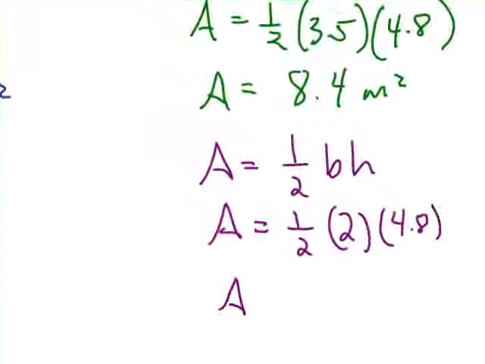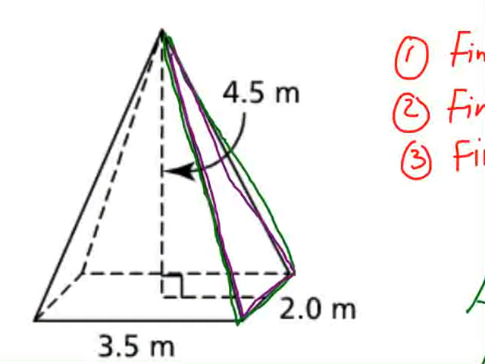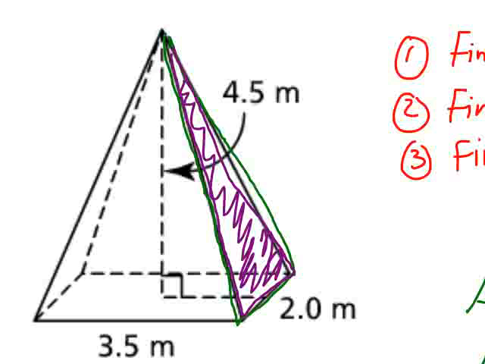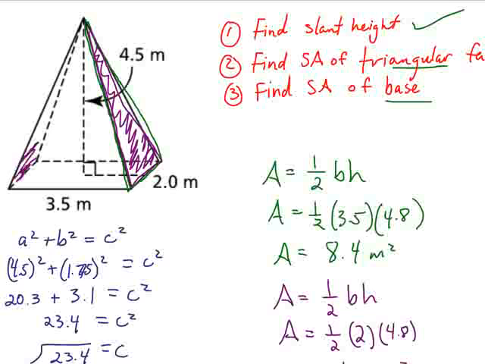That leaves us with an area of 4.8 meters squared. Same thing, since it's a rectangular pyramid, it has a congruent opposite side, so we have actually calculated this triangular face as well.